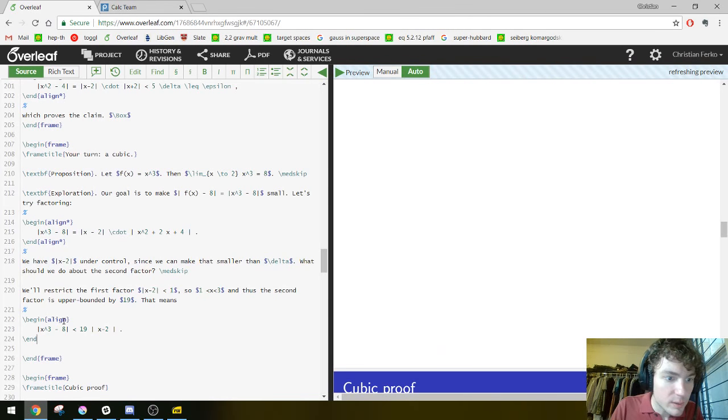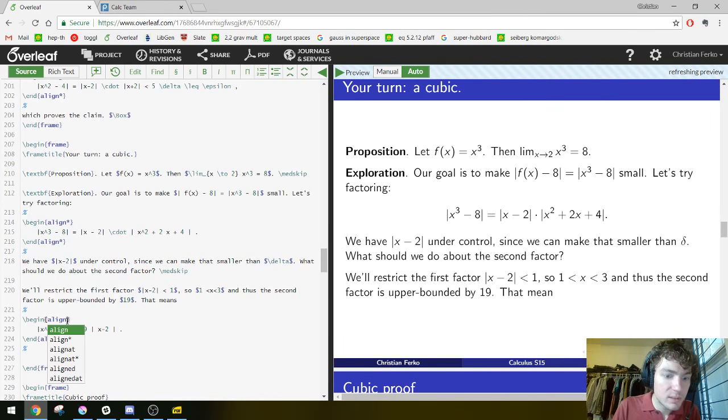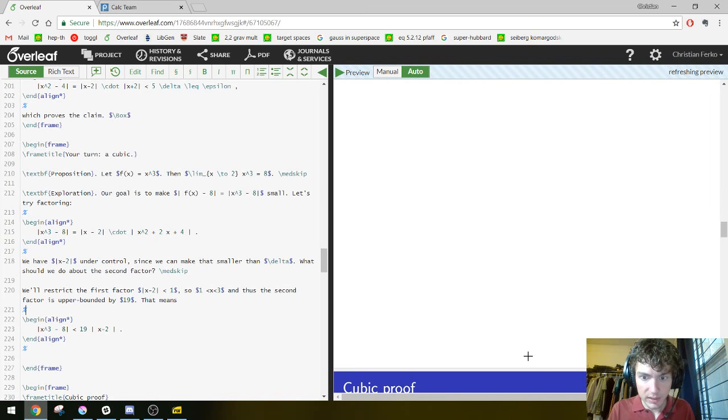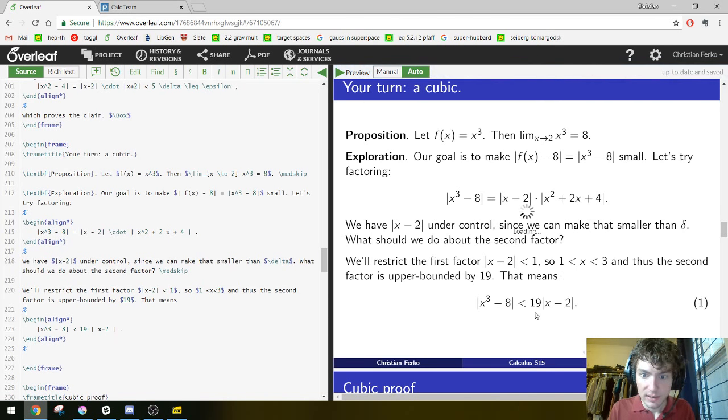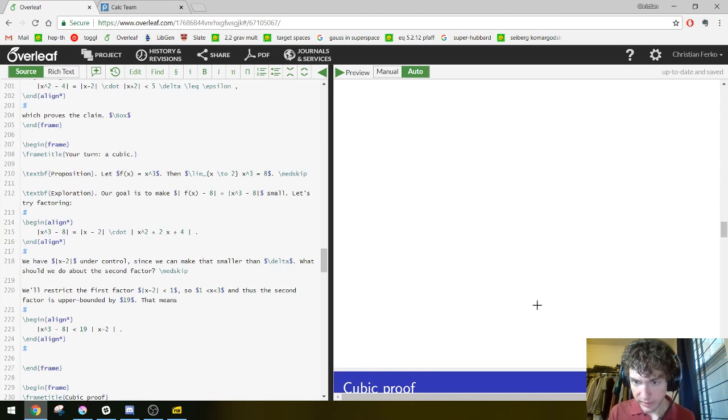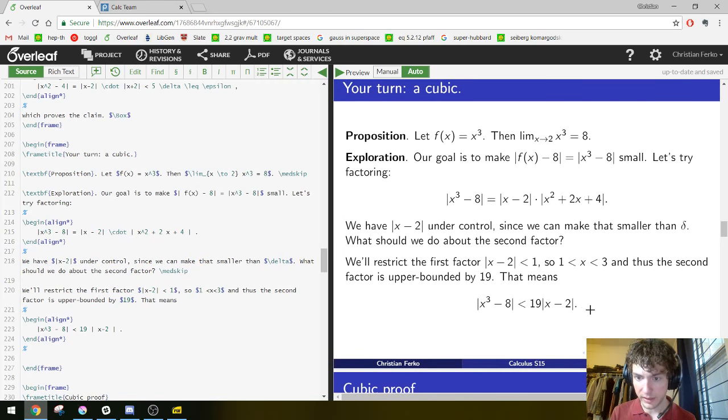So we've restricted our delta to be at most 1, and now we see there's a relationship between the thing we would like to make smaller than epsilon, which is x cubed minus 8. That thing is upper bounded by 19 times the absolute value of x minus 2. So this is what we got so far. But now we're basically done.